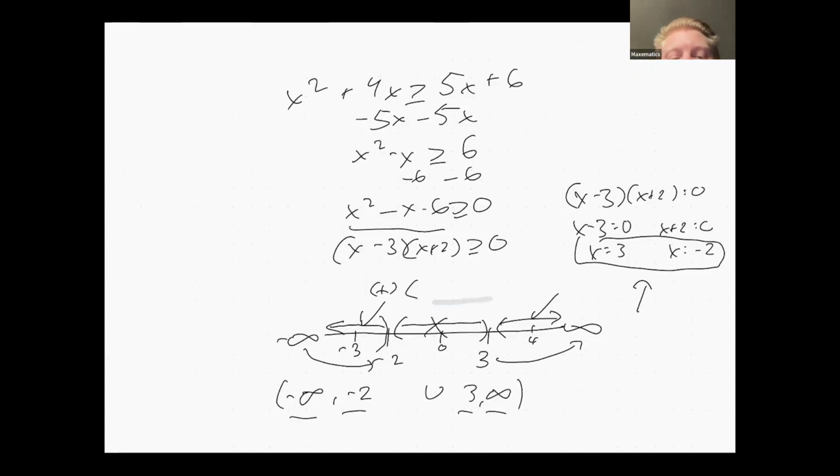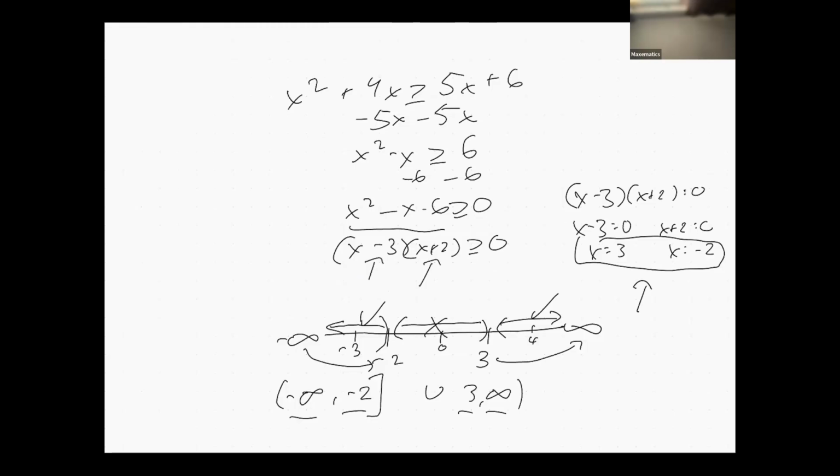So if we plug in negative 2, well, what we get, negative 5 times 0 is greater than or equal to 0. So negative 2 works. And then same thing for 3. 3 also works because if you plug in 3 to x minus 3, that is 0. 0 times anything is indeed greater than or equal to 0.